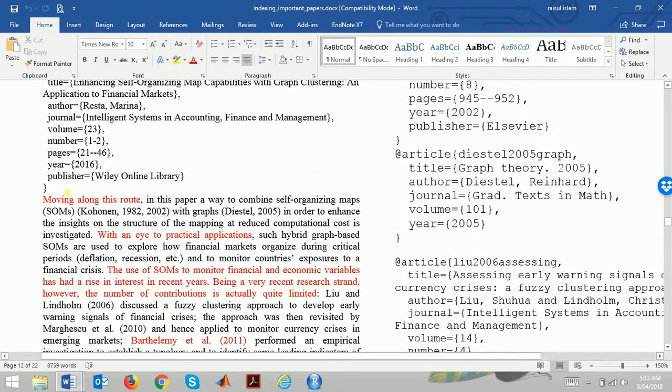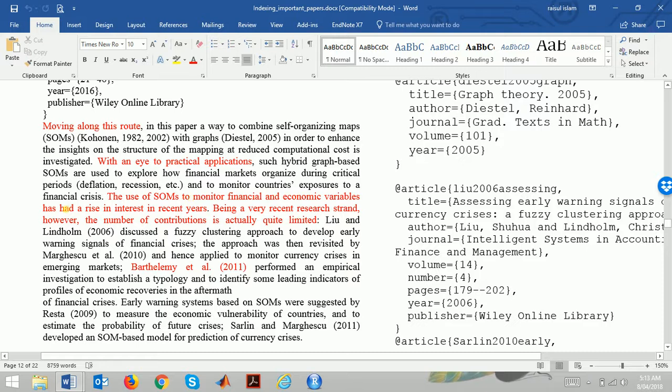Moving along this route with an eye to practical applications, such graphs are used to explore financial data. The use of SOMs to monitor financial and economic variables has had a rise in interest in recent years. Being a very recent research strand, the number of contributions is actually quite limited.